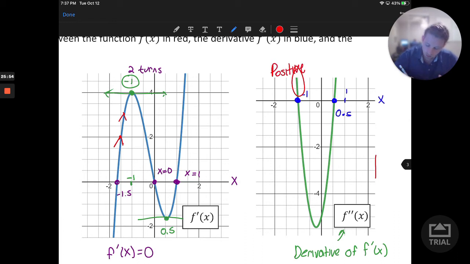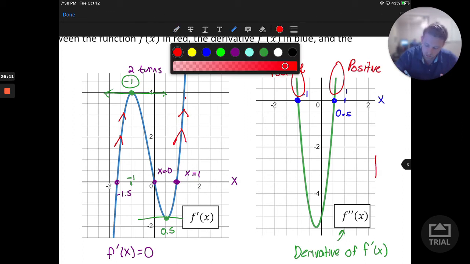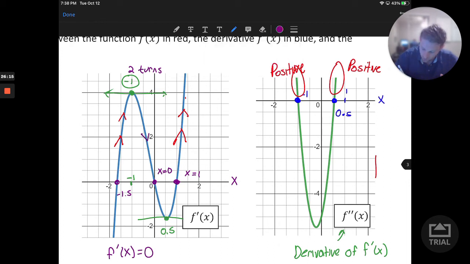We're also increasing after we hit 0.5, and again, that's another point where we're positive. After 0.5, our derivative is positive. And then finally, in between those two turning points, we would say that we are decreasing. So we're decreasing in the interval from -1 to 1/2.